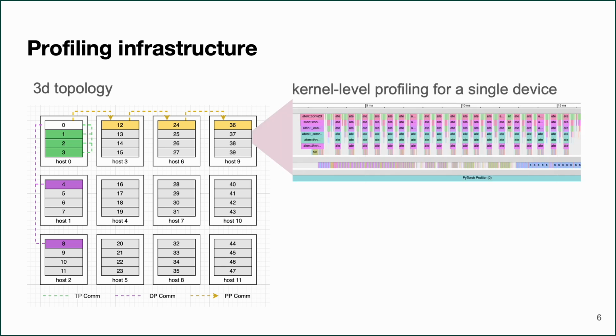With tools like Torch Profiler, we can gain insights from the kernel level profiling on a single device. It tells you how much time is spent on each kernel within a node. But that's not sufficient to analyze the training job from an end-to-end perspective.